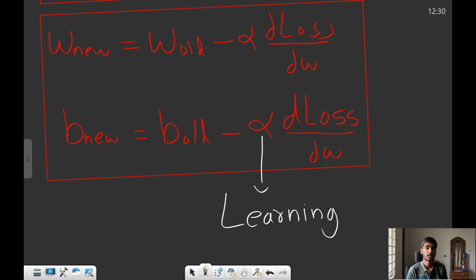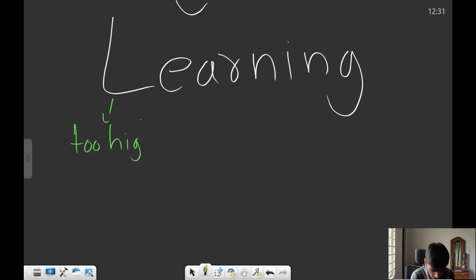If the value is too high, you miss the minimum value of the loss function, and if the value is too low, you won't reach the minimum value of the loss function in the least time. If you hit the right amount of alpha, then you will reach the least minimum point much earlier in the training process. Learning rate too high, you overshoot.